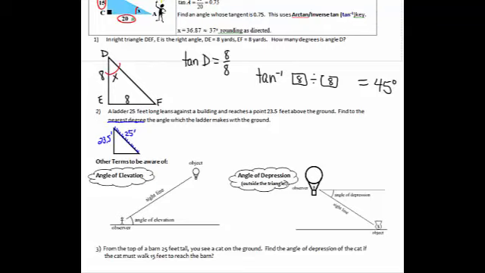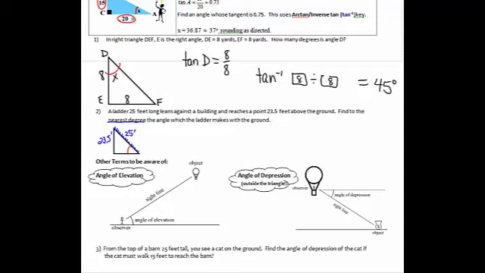Always good to go back and look at what they want you to round to, because typically trigonometry problems will not work out to a whole number. So the ladder makes an angle with the ground. Well, here's the ladder with the ground. So if I look at what I've been given, in this case I do have my hypotenuse, that's the ladder, and I also have the opposite side.